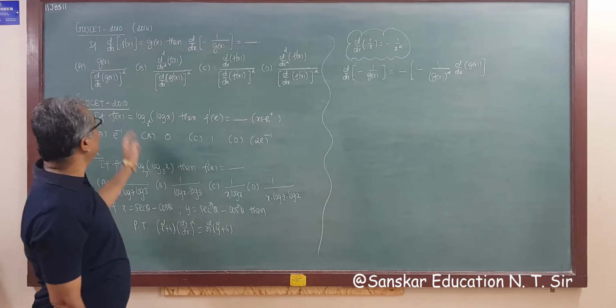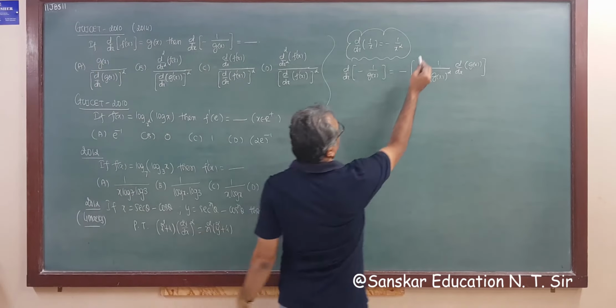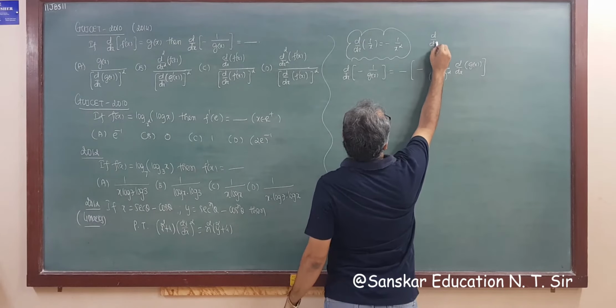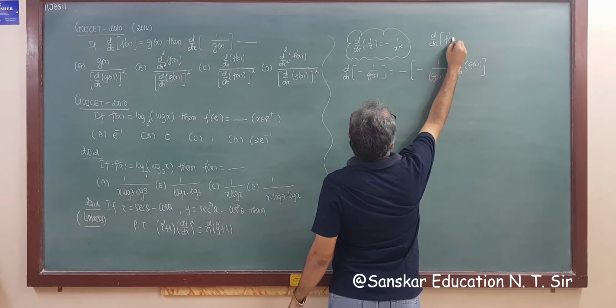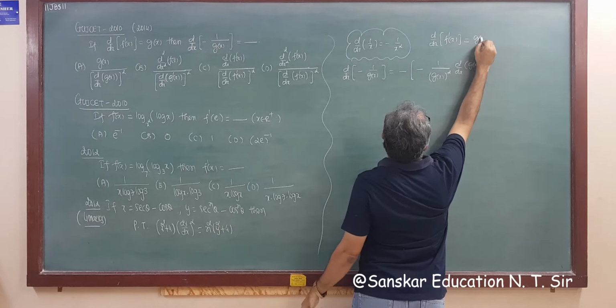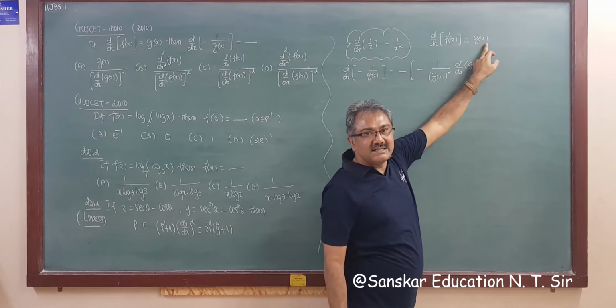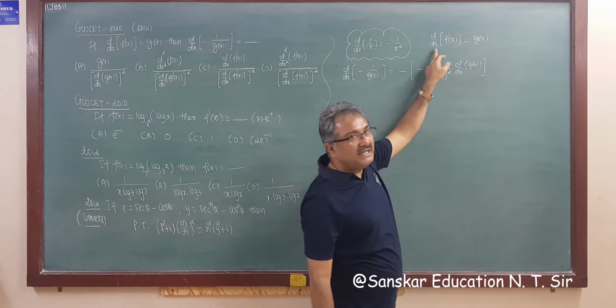But this is not given in the options. It is given that d/dx of f'(x) is equal to g(x). That means this g(x) is d/dx of f'(x).